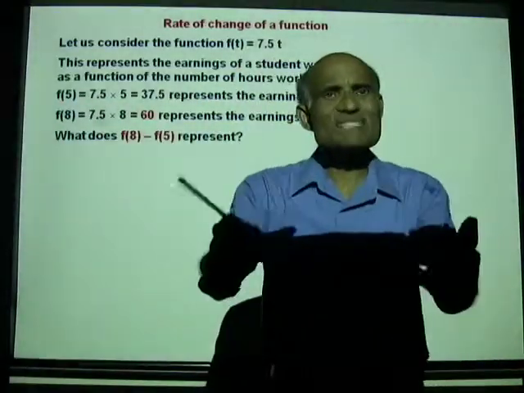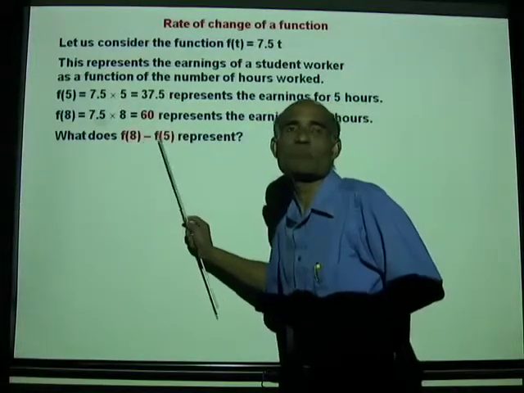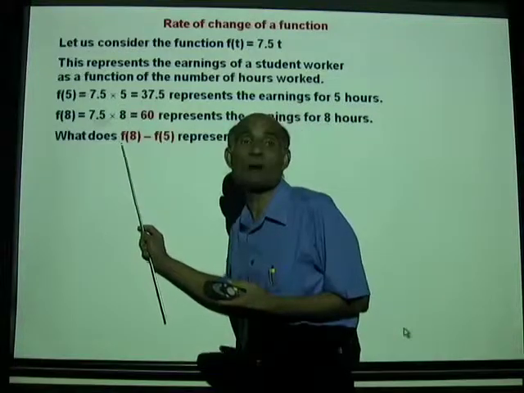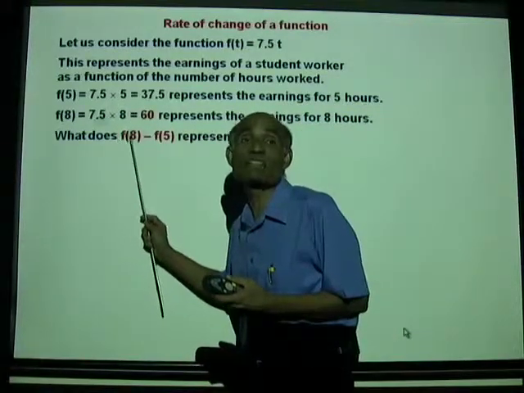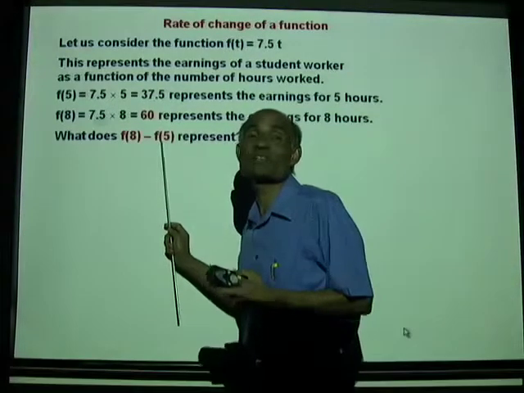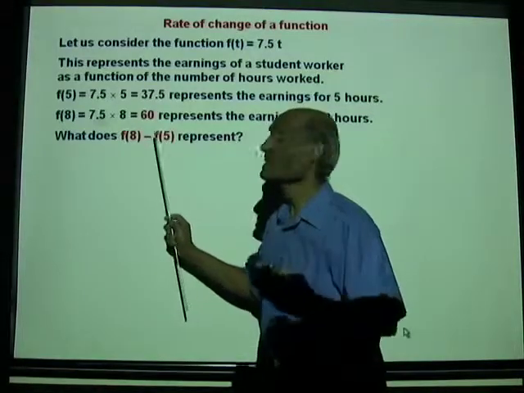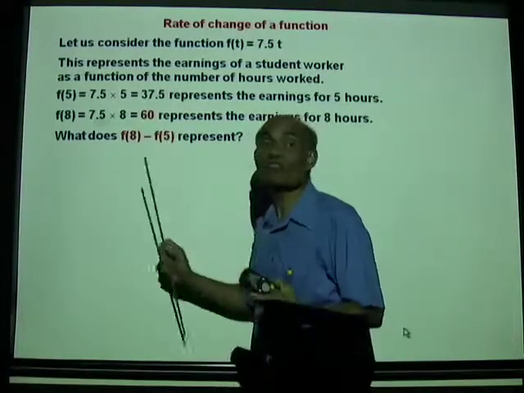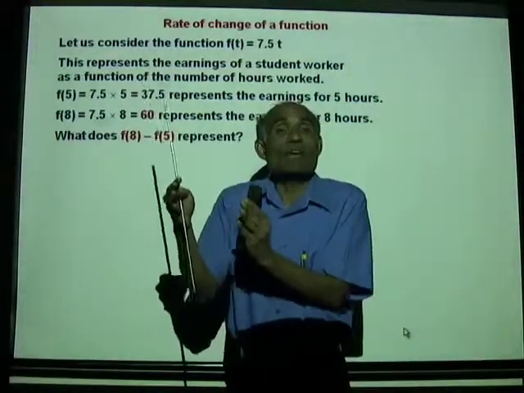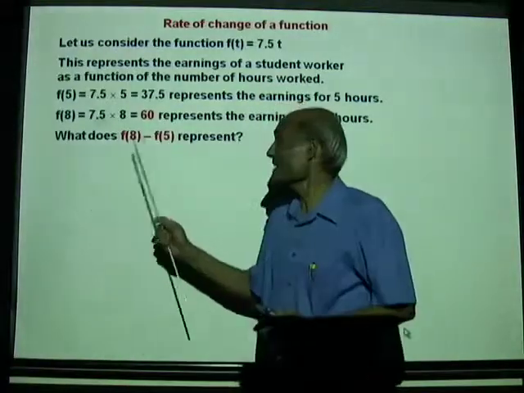All right, what does f of 8 minus f of 5 represent? Tell me, can you give me a sentence explaining what this means? F of 8 represents the amount of money the student gets when he works for 8 hours. F of 5 represents the amount of money he earns when he works for 5 hours. So f of 8 minus f of 5 represents the extra amount of money when the student works for 3 more hours, isn't it?